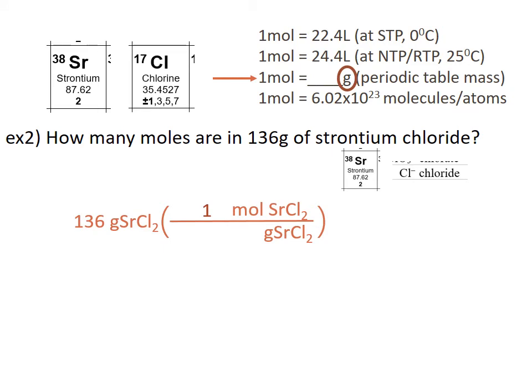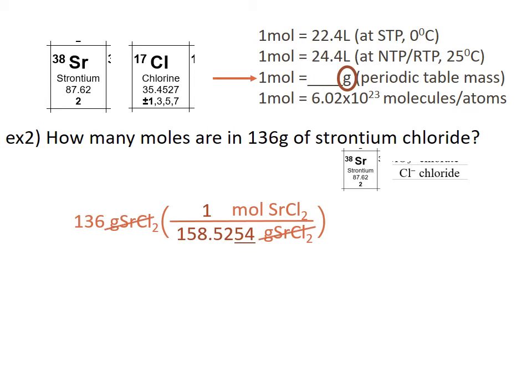I punch that into my calculator, 87.62 plus 2 multiplied by 35.4527, and that gives me 158.5254 grams. Note the 54 is underlined, and that's because strontium is only good to 2 decimal places. So if I were to line it up in columns, this answer would only be good to 2 decimal places.